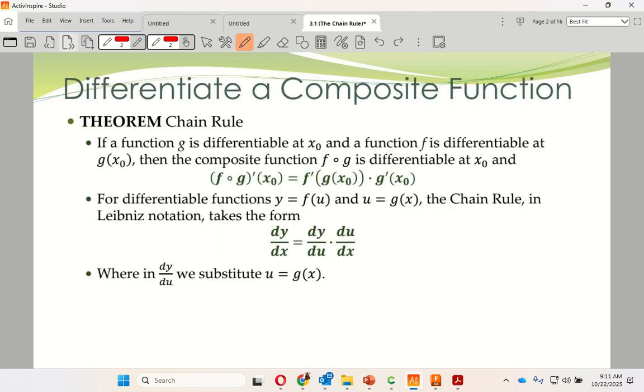Now, one of those people actually mentioned the notation. This is called Leibniz notation. It looks like this. Okay, that's Leibniz notation, and this right here is the other guy's notation.